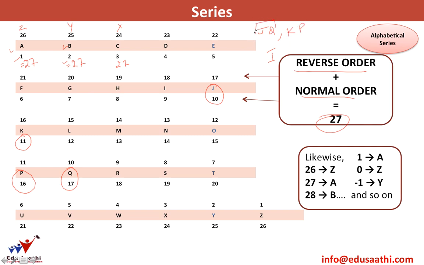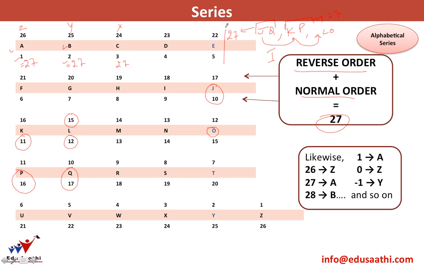That the sum of the numbers corresponding to these alphabets here is 27. J plus Q is 27, K plus P is 27, and the next letter to J is K. So the next letter here would be what? L, and then the corresponding letter to L would be, L is 12. So I'll have 12 plus 15 is 27. What is 15? O. So the next is going to be LO.